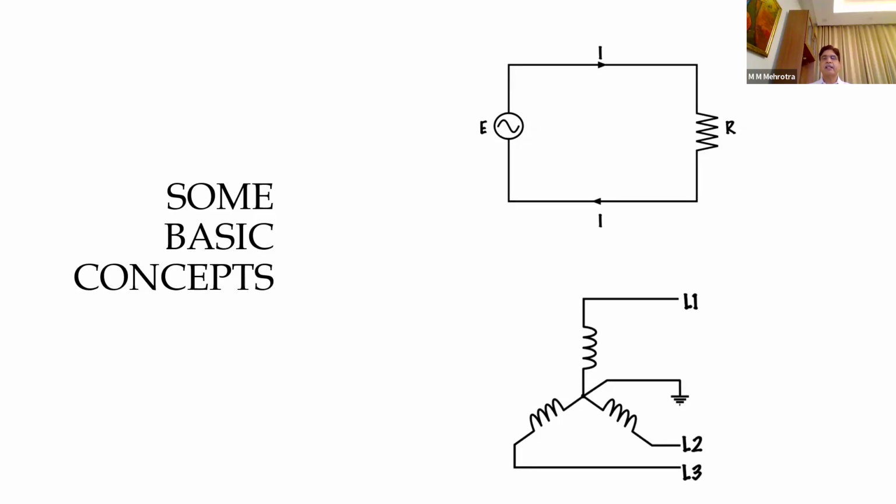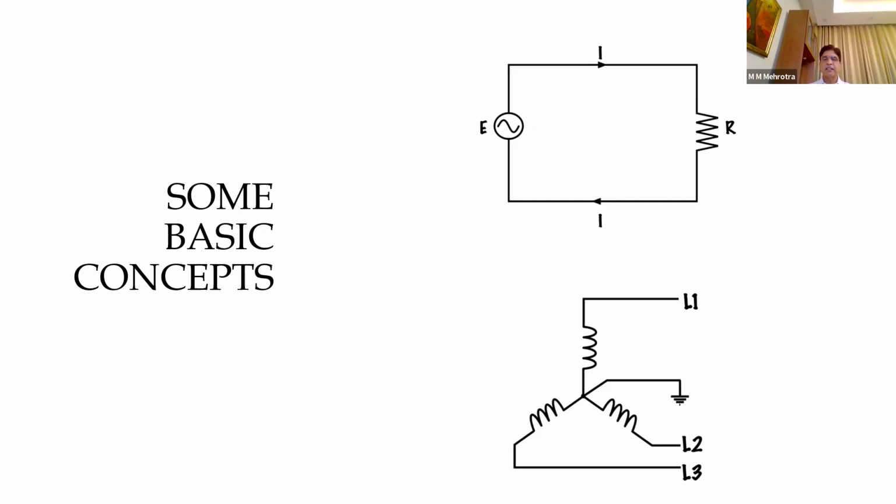Meaning if my line conductor is 1.5 square mm, the earth conductor should be 0.75, but no, IS says it will be minimum 1.5. So in our normal house wiring light circuits, all the wires which you will see will be of 1.5 square mm.